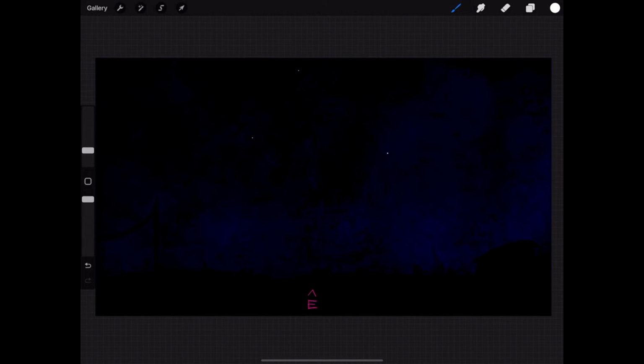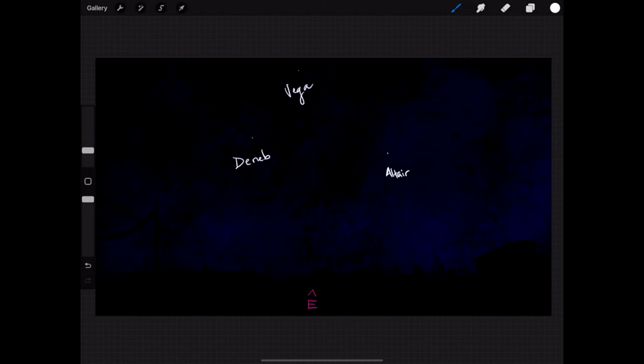The 3 stars that we're looking at here are right over here we have Altair. Back to the left we have Deneb. And up here at the top of our image we have Vega.